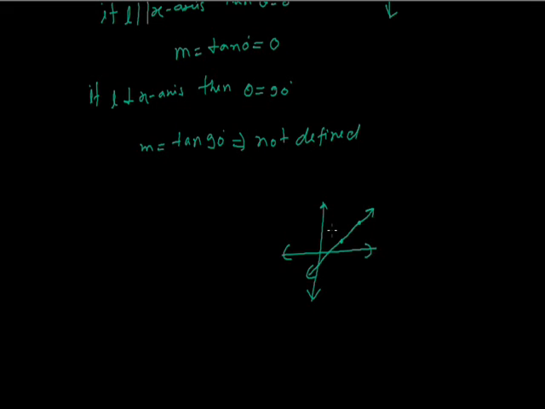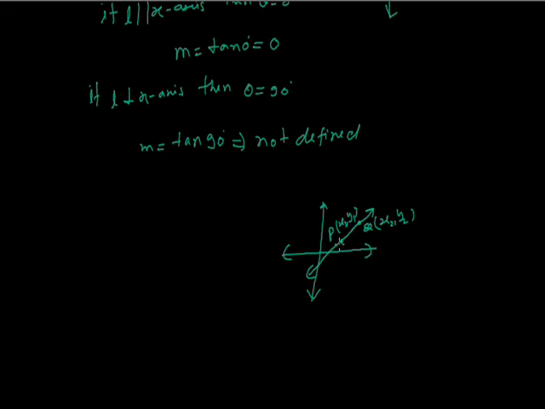Suppose this point is point P and this point is point Q. The coordinates of point P are x1, y1, and the coordinates of point Q are x2, y2.